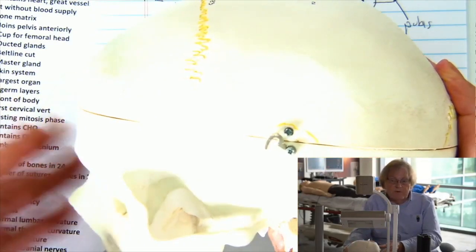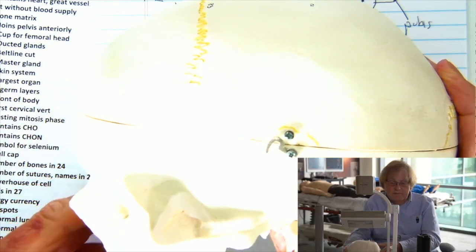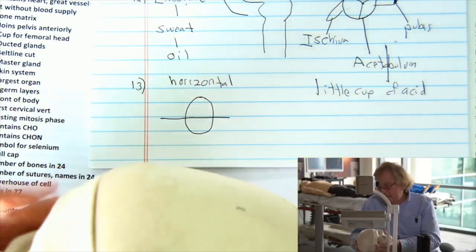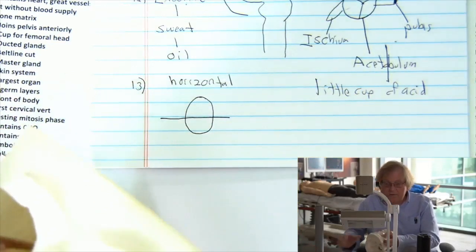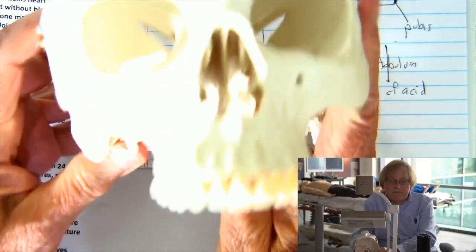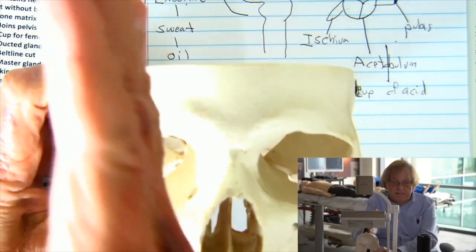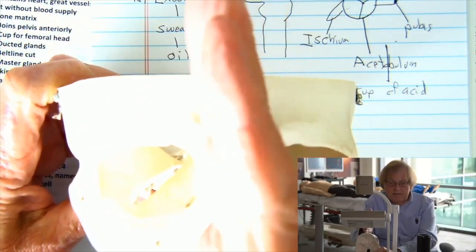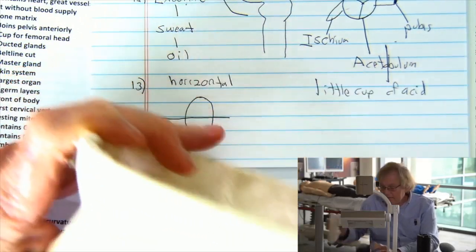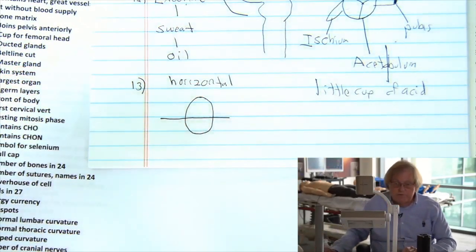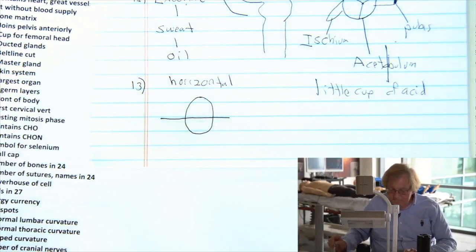So that would be what I would call a horizontal cut. Whereas a vertical cut or a midline plane would be coming right straight down the middle of the face here. Okay? So think of those as terms that we would use in histology.